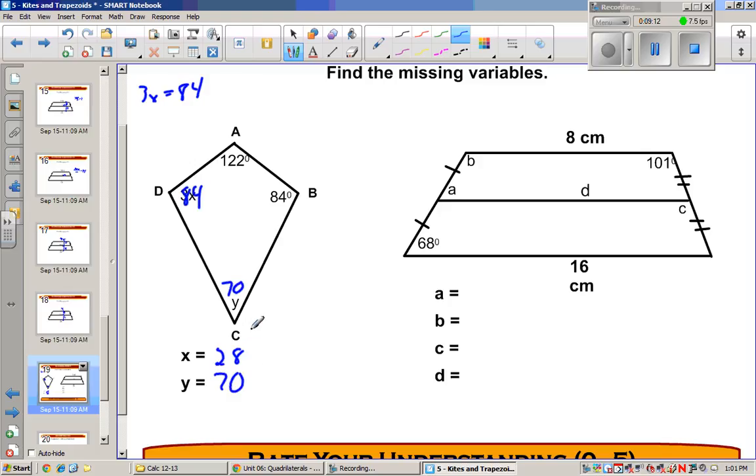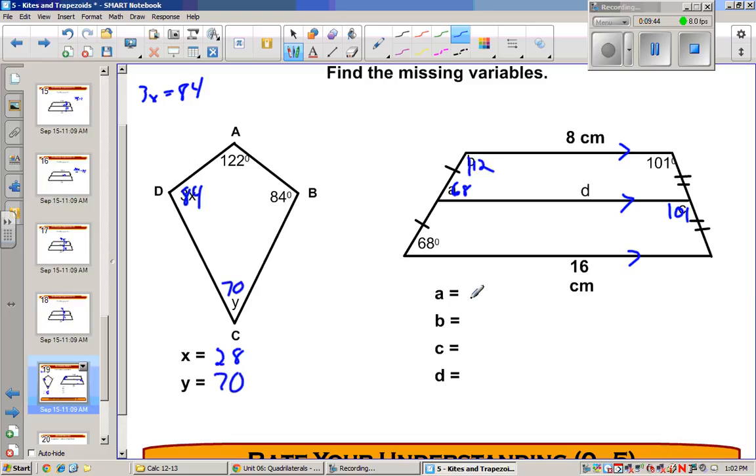Now on this side, I have 101, so C is going to be 101 because those are called corresponding angles, because this midsegment and the two parallel sides will all be parallel. And similarly, if this is 68, A is also 68. And B, if this is a trapezoid, these two will be supplementary, so 180 minus 68 will give us 112.